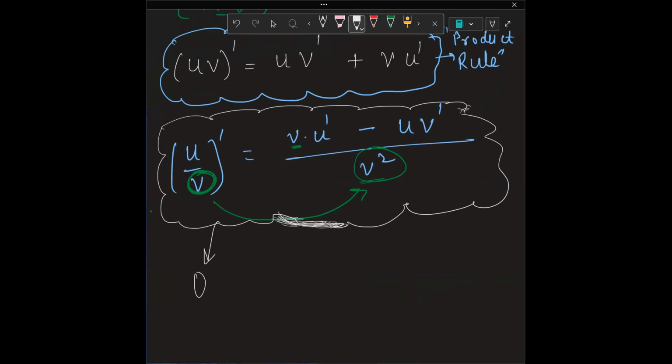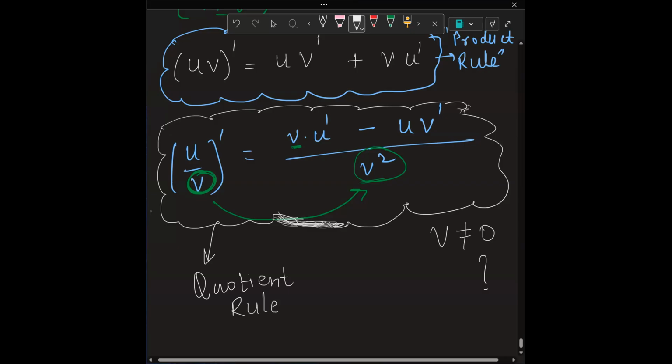Tell me, why v cannot be equal to 0. Why? Anas, why is v not equal to 0? What? Anas, are you there? Yes, sir. Why is v not equal to 0?